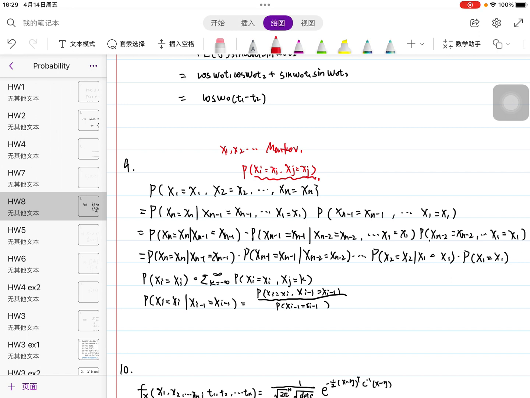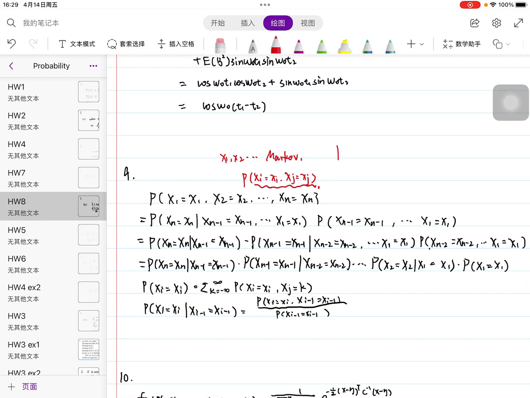So the Markov process has this characteristic, that is the probability of xt1 smaller than x1, xt2 equals to x2, xtn equals to xn.